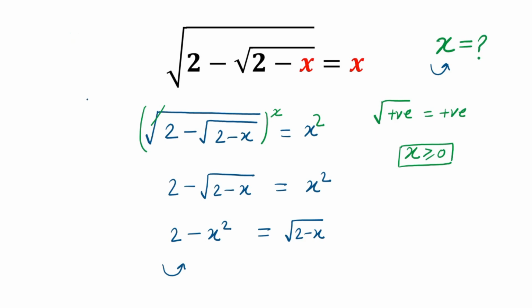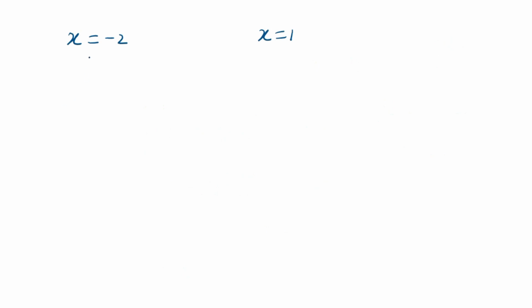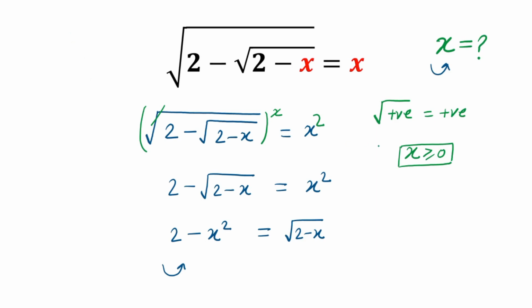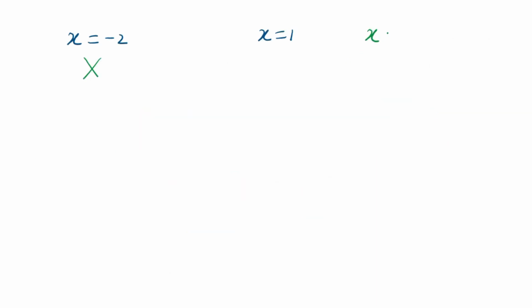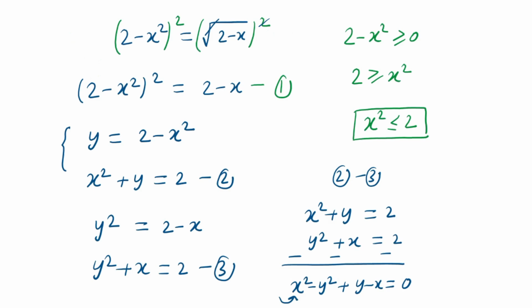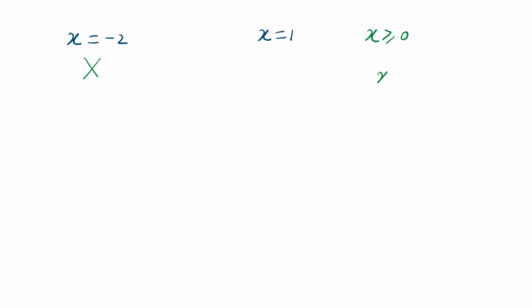But look carefully here, first condition x is greater than equals to 0, so that's why this value of x is rejected, because this is minus 2, so this value of x is rejected. But look carefully here, x is equals to 1, and our first condition is x is greater than equals to 0, and second condition is x square is less than equals to 2.